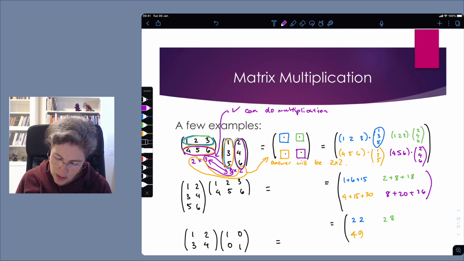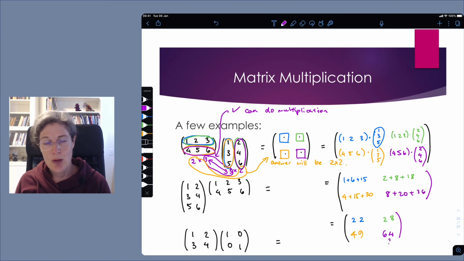And finally, we've got 28 plus 36, 64, I think. Yeah. Might have to check that last one. I'm really bad at addition. Just check that. Phew. Okay, so it is a bit weird and a bit cumbersome, but it is a definition that is super useful.